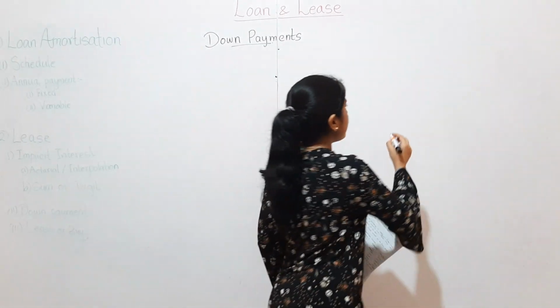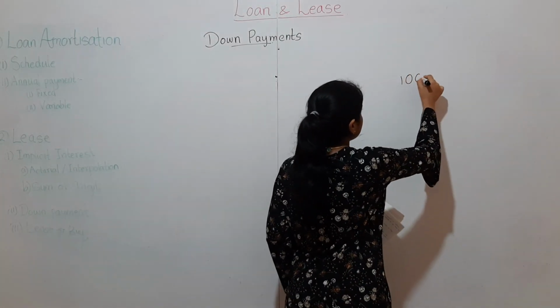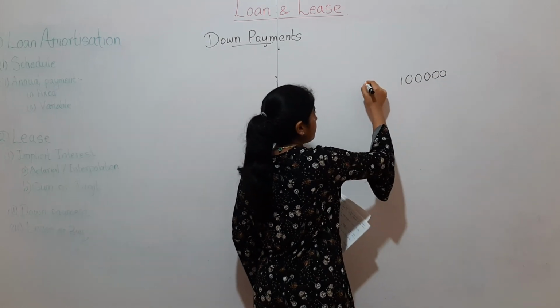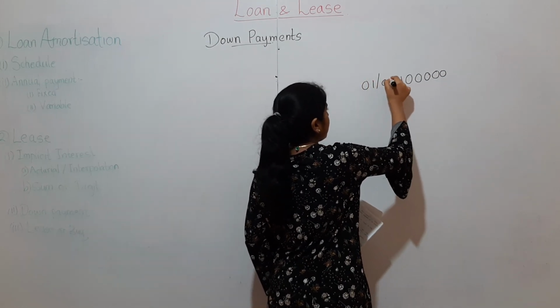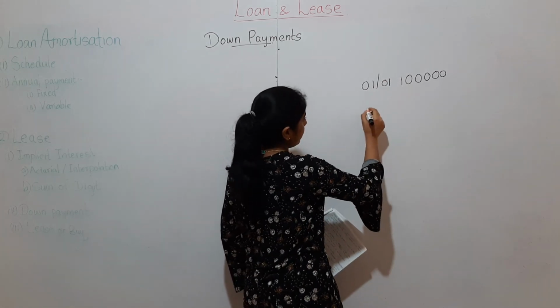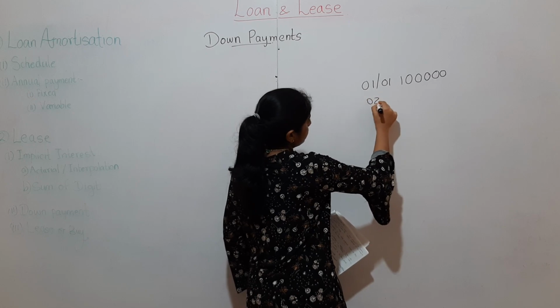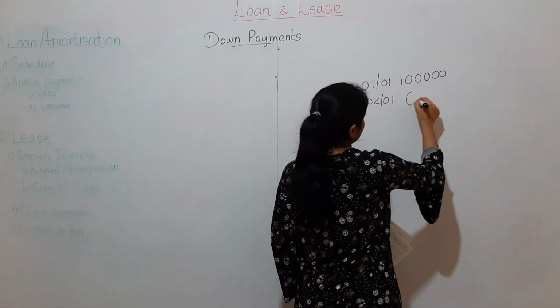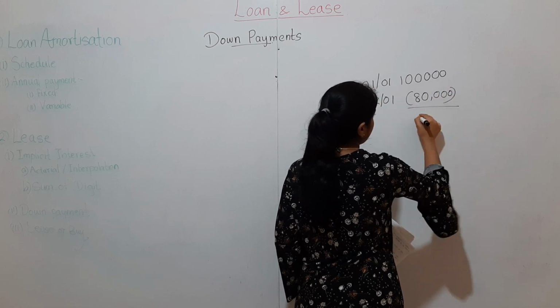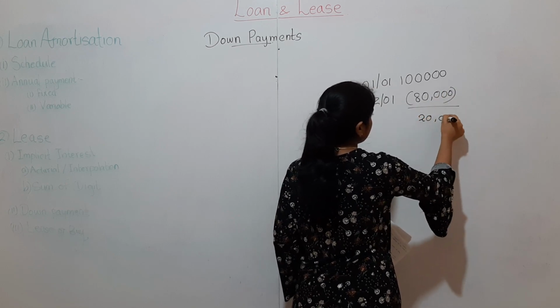So, let's say they have a 100,000 lease taken on 1st of January. The lessee is paying 80,000 on 2nd of January. Then the balance he has to pay is only 20,000.